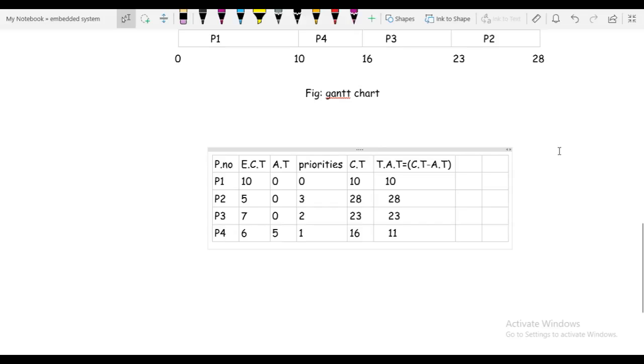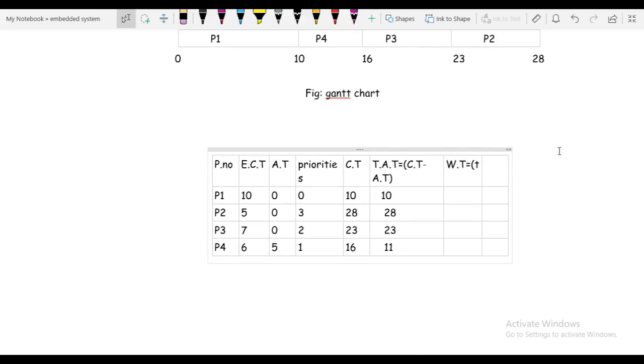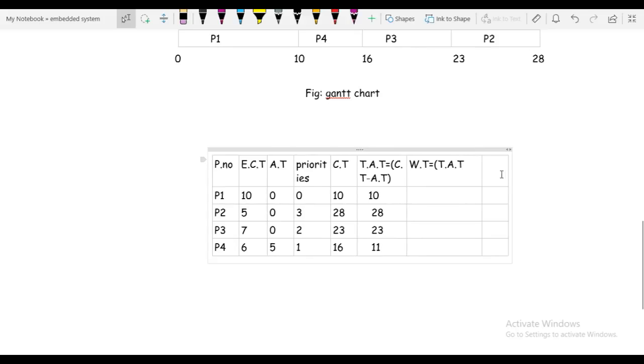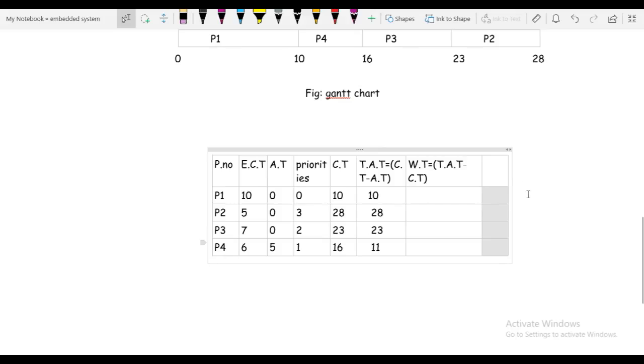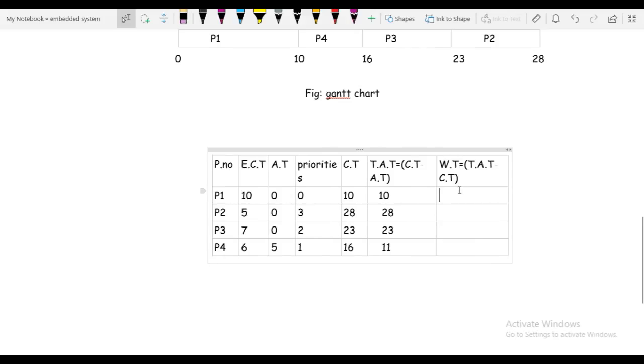Now let's find out the waiting time. Waiting time is turnaround time minus estimated completion time.